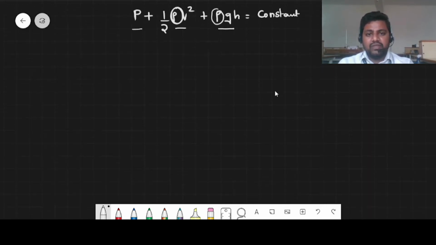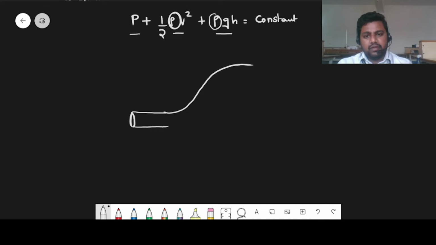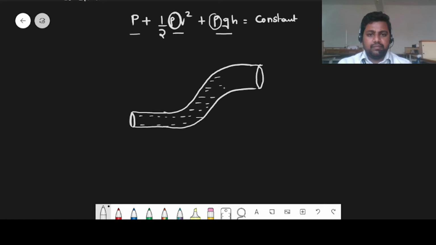Now let us solve this equation and try to understand how we can get it. Let's say there is one pipe of this sort, and it is filled with a fluid. We are taking a cross section of fluid from the region here to here.